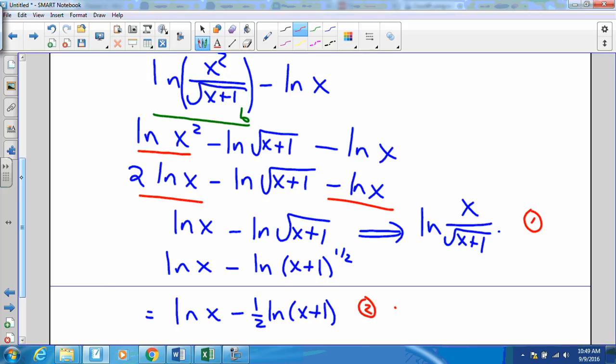For example, all the way back up here, I could have said, oh, x squared is x times x. So I could write that as log x plus log x, which is the same as 2 log x. So there's more than one way to get there with log properties often. Does this make sense to everybody?